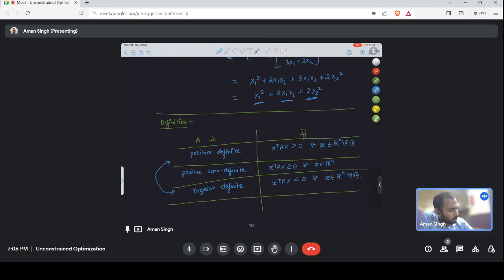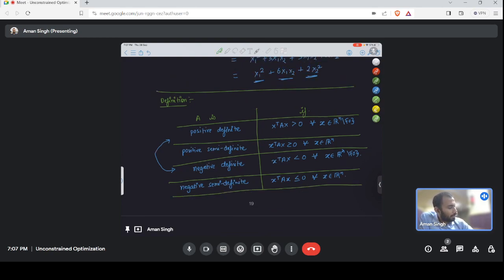Similarly, we can also define negative semi-definite. Negative semi-definite means x transpose A x is less than or equal to 0 for all x belonging to R^n. There is one more category called indefinite, which means x transpose A x can be zero for some x, positive for some x, and negative for some x.